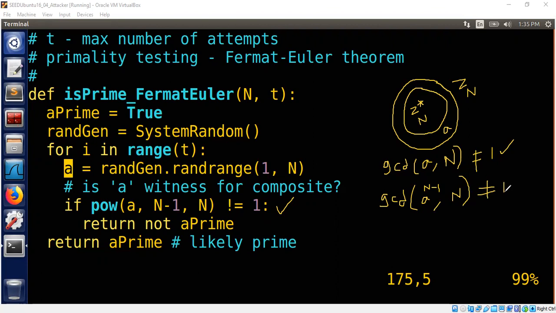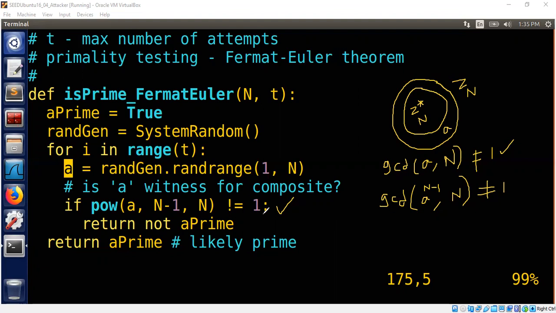Now what can we say? Now we have to use the extended Euclidean algorithm that we talked about earlier. Let's assume a^(n-1) mod n is equal to 1 for a moment.